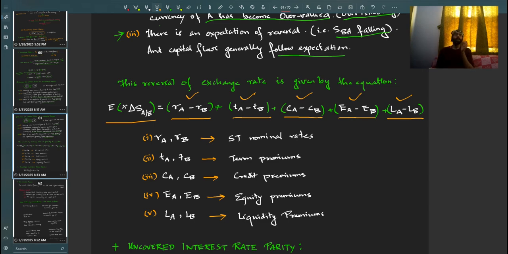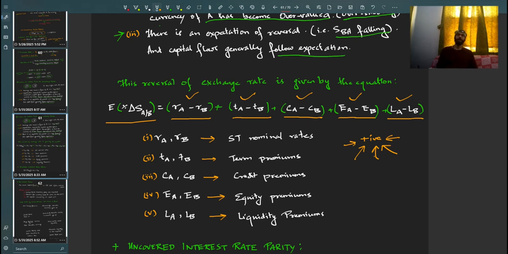So maybe nominal short term rates are positive, then term premium is negative, then credit premium is positive, then equity return premium is negative, then liquidity premium again is positive. In this case, the net effect has to be calculated. If the net effect is positive, then initially investors get capital into this market A.